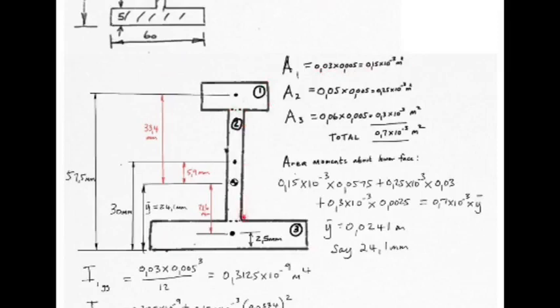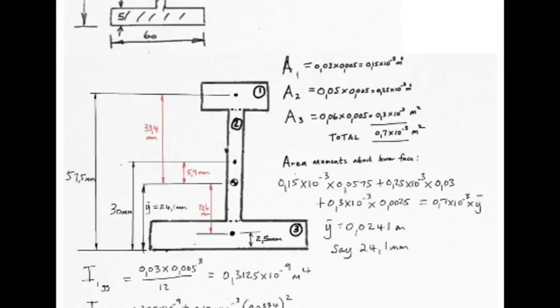Second one, that's this one over here, 0.05 by 0.005. Remember, we're working in base SI units of meters, and there's our area of the second one. Third one, that's this one down here, 0.06 by 0.005, giving us that much area. Add up the areas, 0.7 times 10 to the minus 3 meters squared. Right, so that's our 3 areas, as well as the total area.